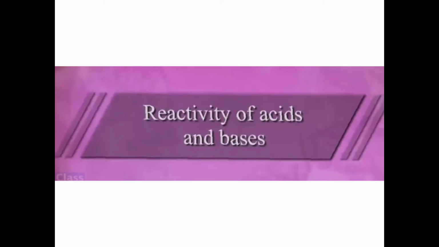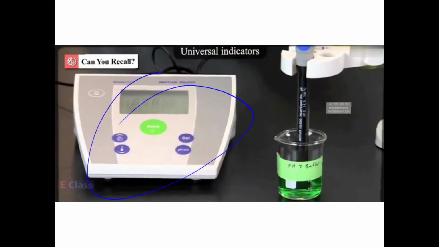Okay, so this gives you the exact measurement of the pH value. Okay, what you are going to do? You are going to dip the electrode in the solution and then connect it to this device. And then this device will tell you it is 5.6 or 7.9 or whatever is the pH value of the solution.